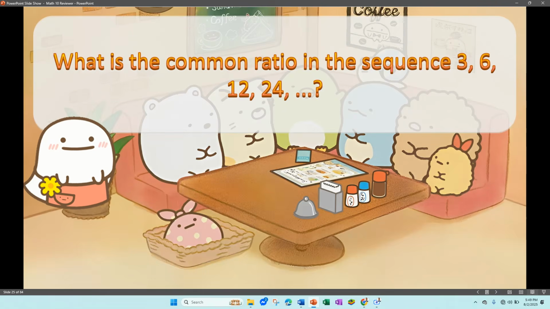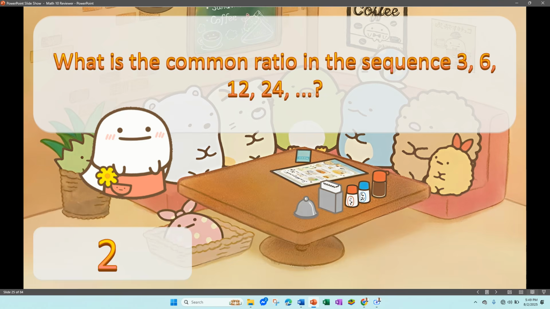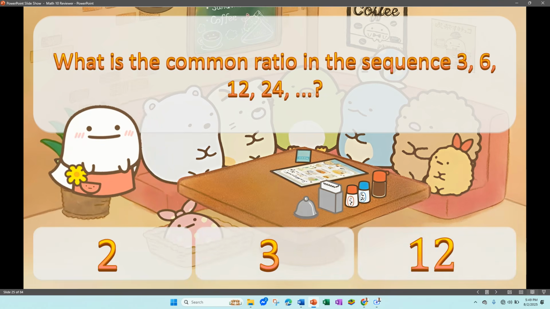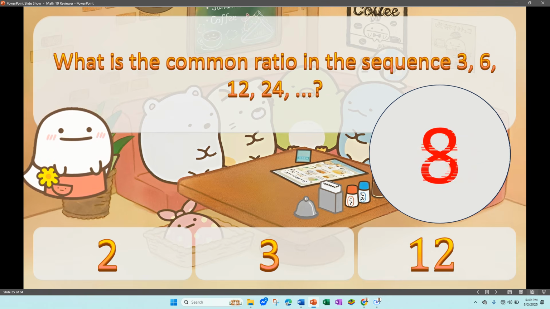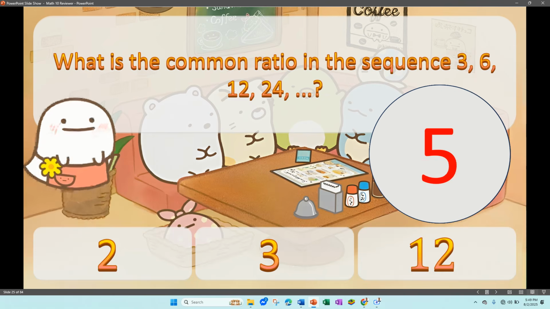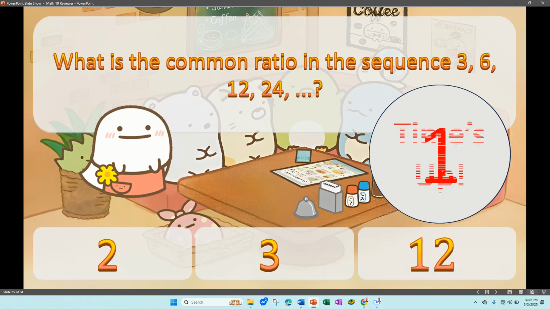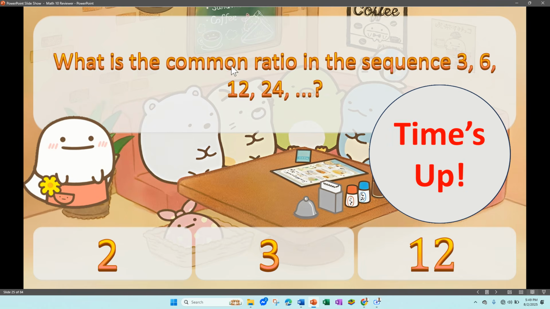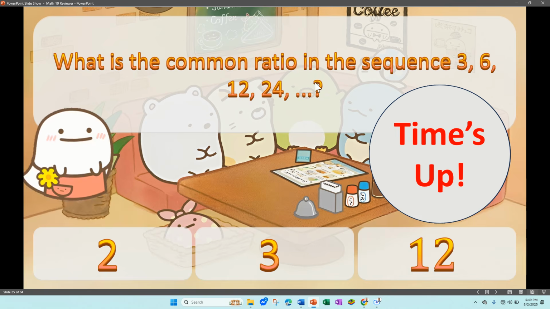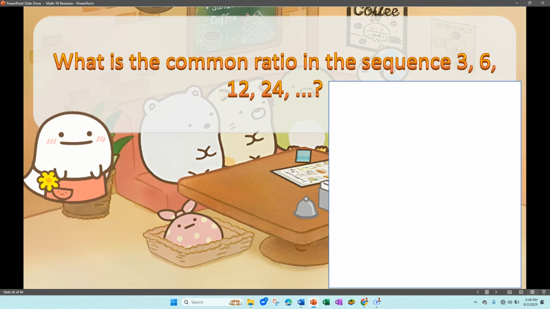What is the common ratio in the sequence 3, 6, 12, 24? 2, 3, or 12? 10 seconds, go. Time is up. So when we say common ratio, it's all about geometric sequence. How do we get the common ratio? Simply divide.